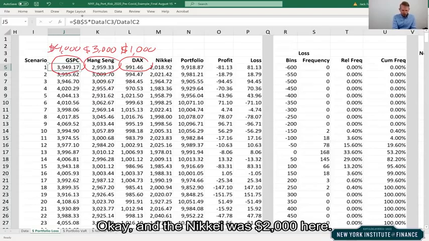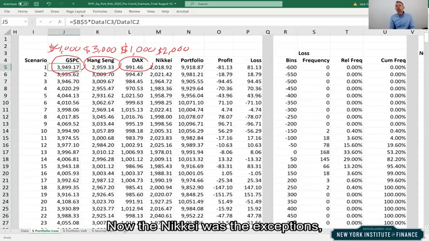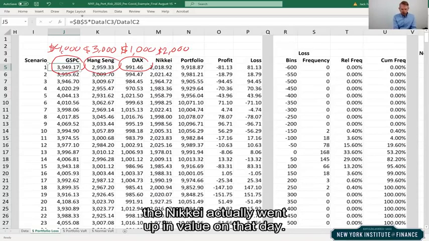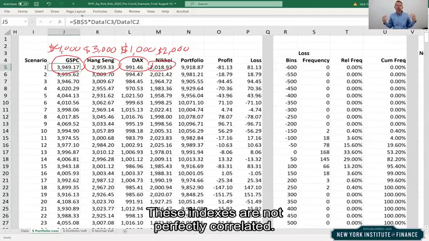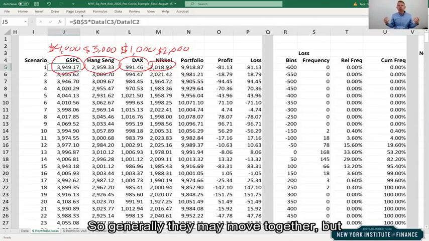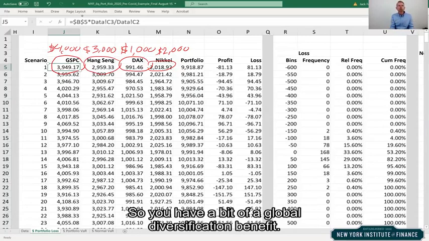And the Nikkei was $2,000 here. Now, the Nikkei was the exception. So the Nikkei actually went up in value on that day. And this is what you're going to see a little bit. These indexes are not perfectly correlated. So generally they may move together, but sometimes you'll see one index going up and the others going down. So you have a bit of a global diversification benefit.